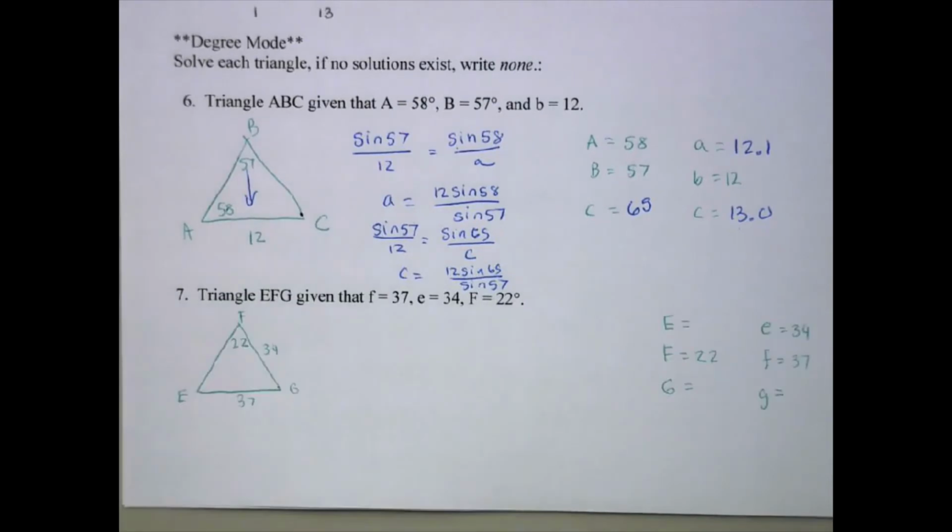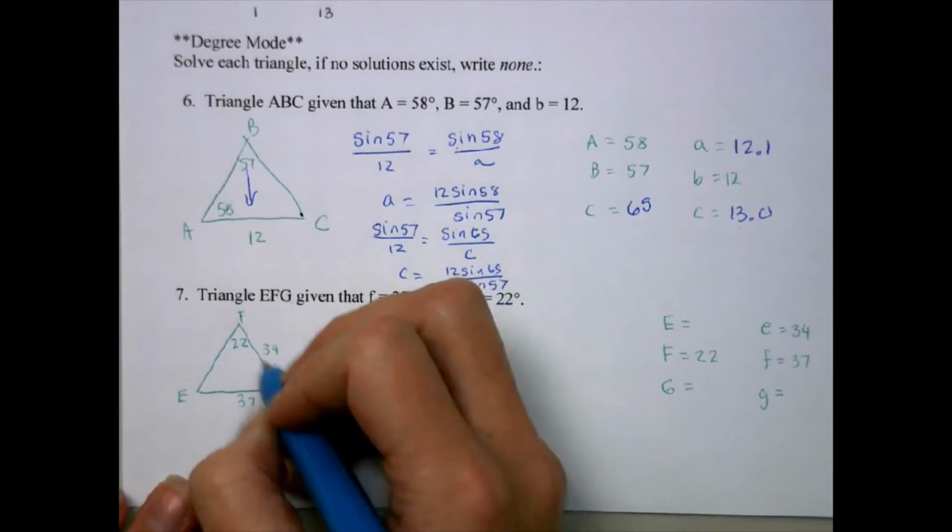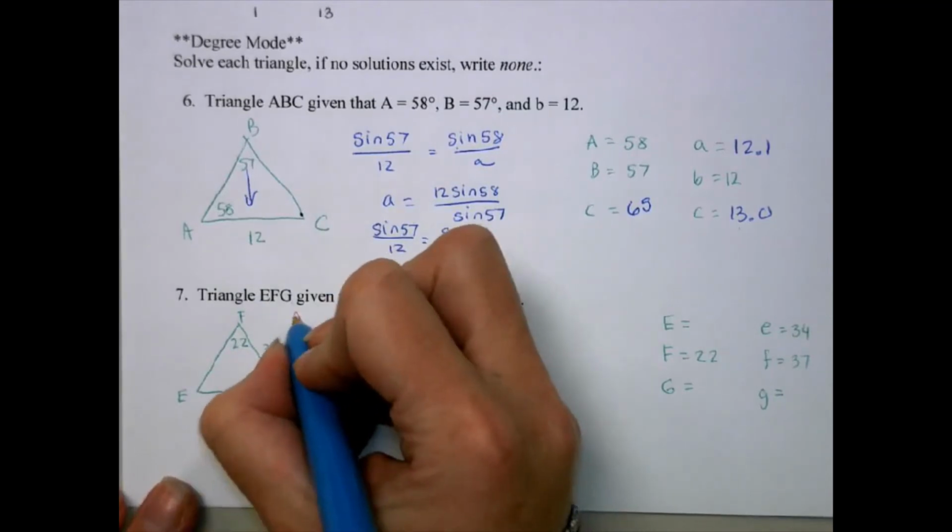All right, and our next one, triangle EFG, we have side f is 37, side e is 34, and angle F is 22. So this is again going to be the law of sines, but this is angle, side, side. Okay, which means this is the ambiguous case.